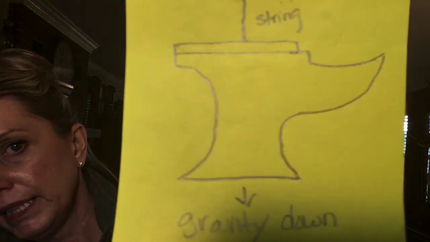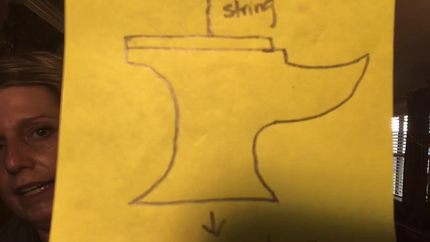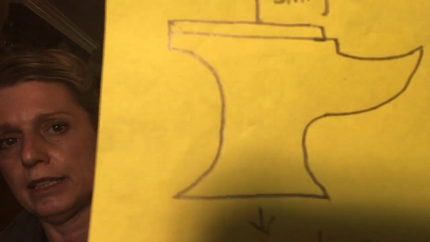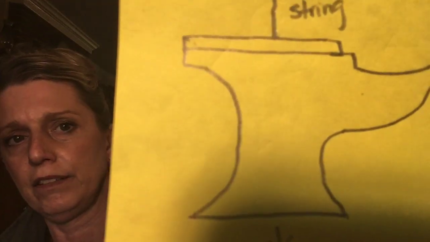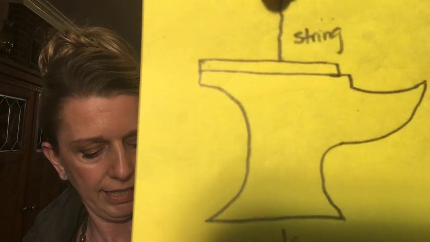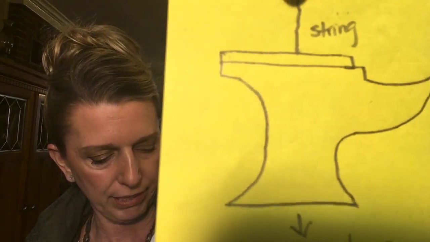Number 3 is talking about an anvil. And I know some of you may not know what an anvil is, but an anvil is basically this big steel. I tried to draw a picture of it. This big steel is very heavy. It's used by blacksmiths. If any of y'all ever watched Forged in Fire or anything like that, it's used to basically shape and hammer out metal.